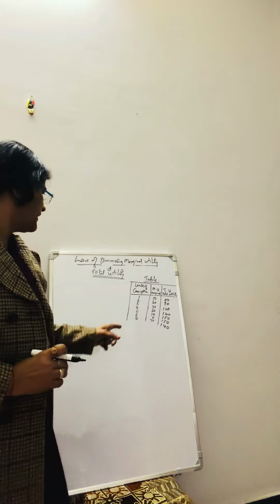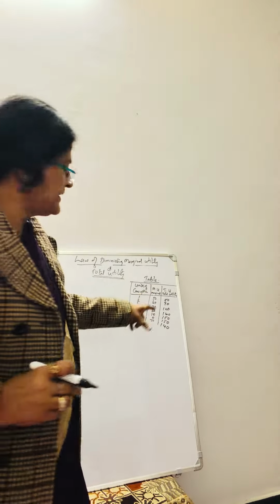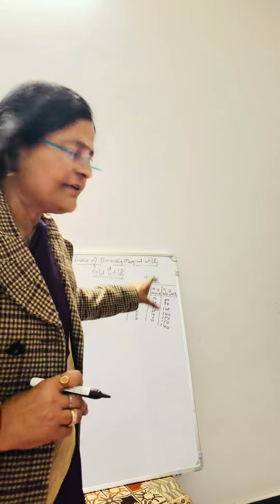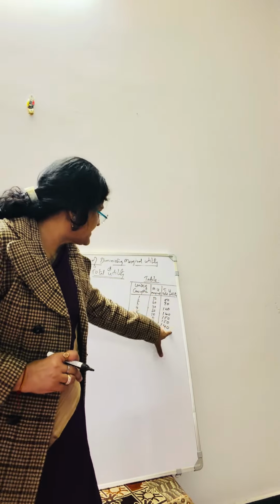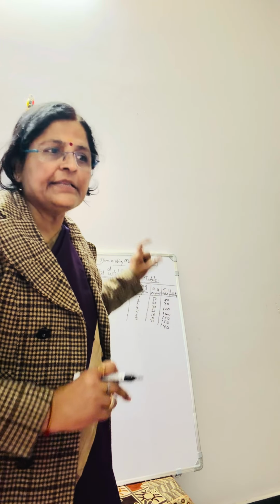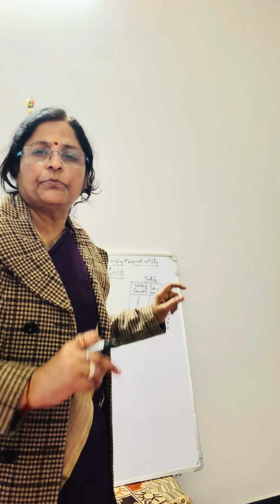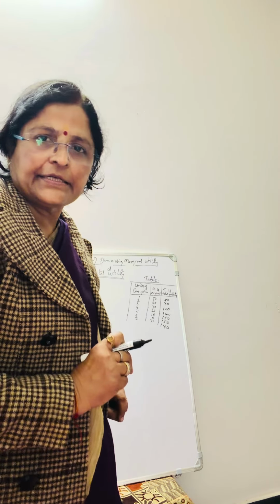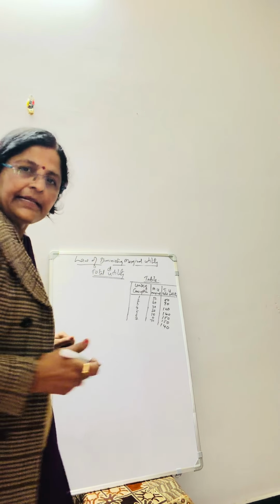See here, the total utility is increasing. Observe that the total utility is increasing at a diminishing rate. So in the same diagram we can show both the curves, the marginal utility curve and the total utility curve. Let us draw the diagram.